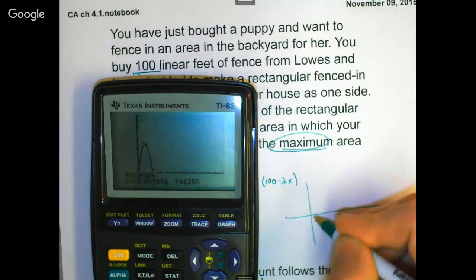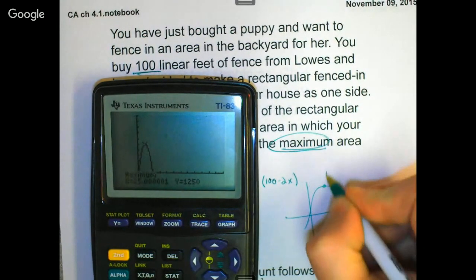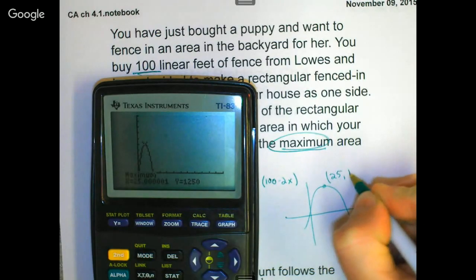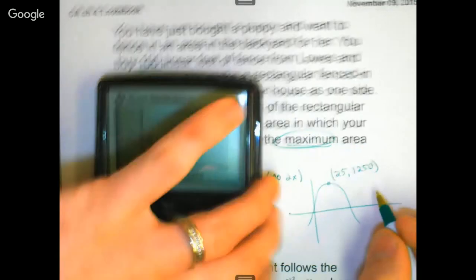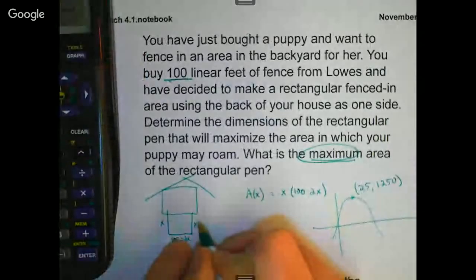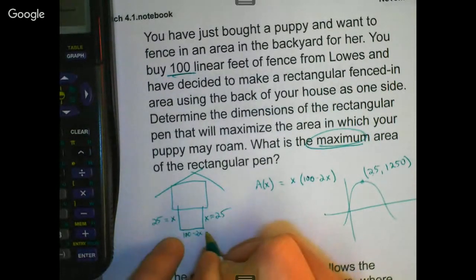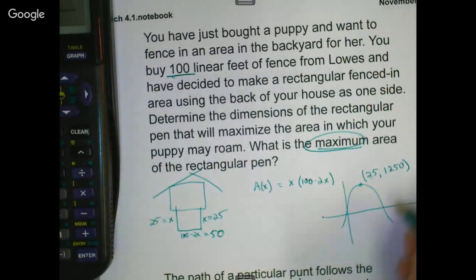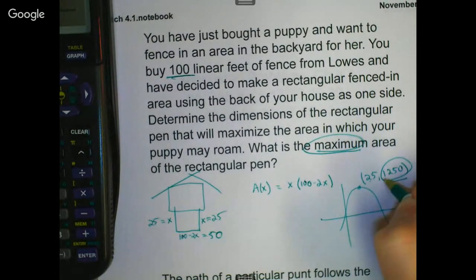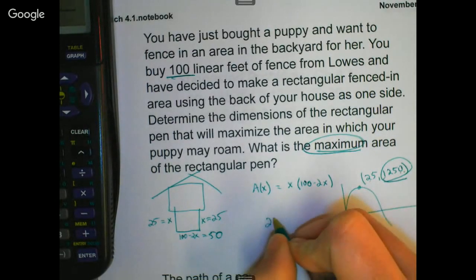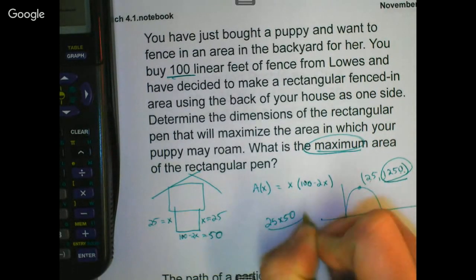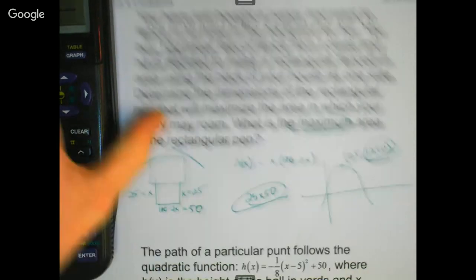So I have my graph here. The maximum here is 25, comma 1250. So this length is now 25 and 25, and this one's going to be 50. So the maximum area I can get is 1,250 with the dimensions of 25 by 50. Using quadratic modeling.